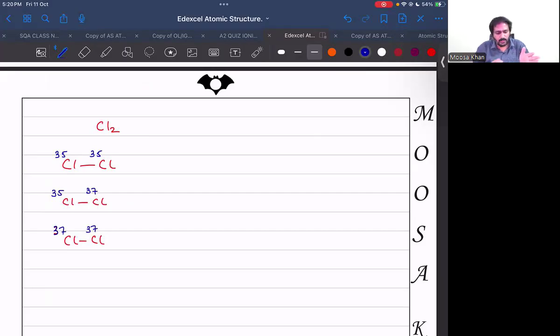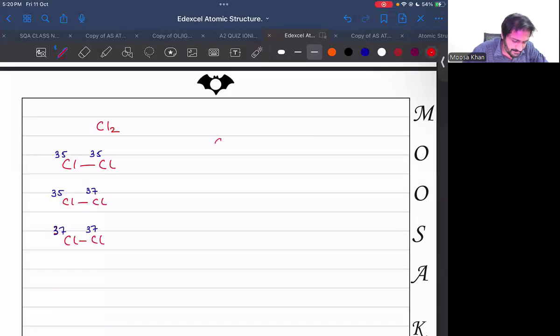They may be 35-35, 35-37 or 37-37. Is there any other combination in a chlorine molecule with only 2 isotopes? No, right? 3 combinations are possible.